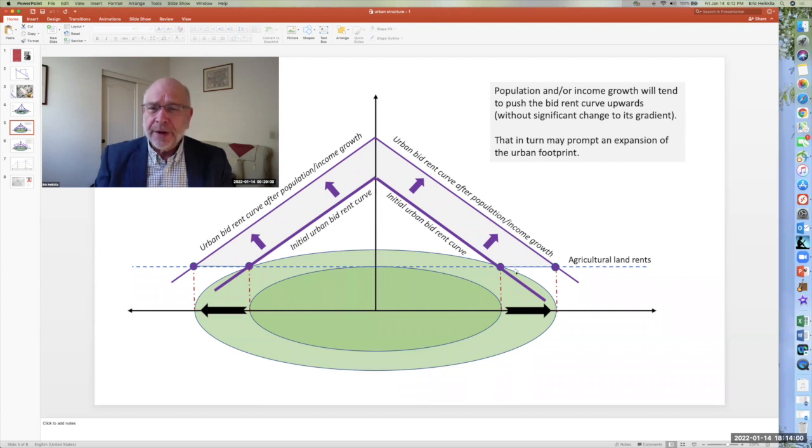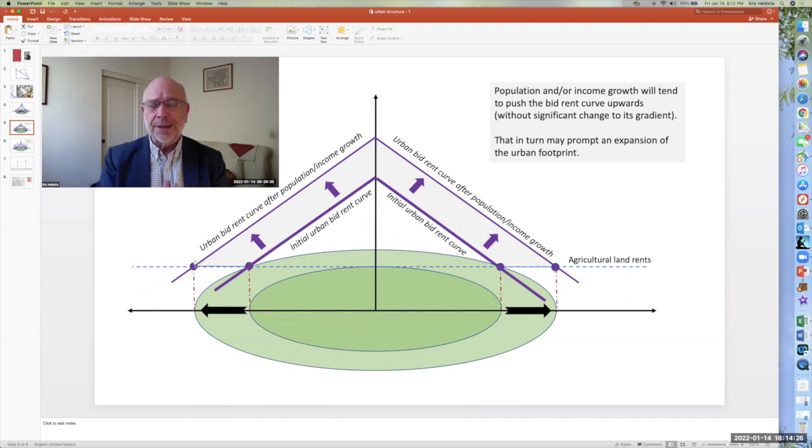So that's fairly intuitive. And then we can see that as that bid rent curve shifts up and out, the point at which agricultural land rents exceed the bid rent curve value will be further removed from the center.